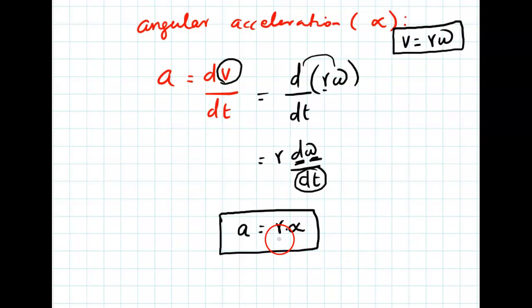Here r is the radius of the circular path, which is always constant, omega is the angular velocity, alpha is the angular acceleration, and a is the linear acceleration.